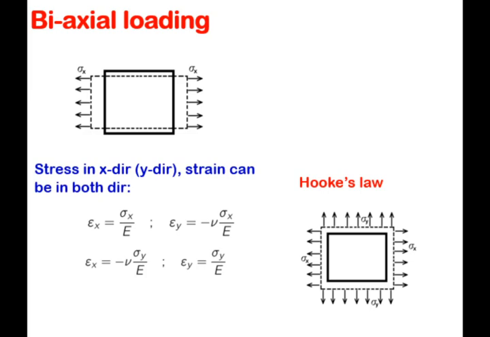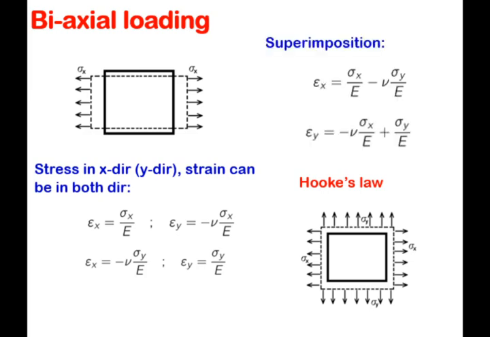We can actually calculate the stress and the strain. We can relate the stress and the strain in each direction using the modulus of elasticity as well as the Poisson's ratio. So if you're applying the load in one direction, you will have a transverse strain that is going to be related to your lateral strain using the Poisson's ratio, and the lateral strain is related to your stress using the modulus of elasticity, and then we can essentially superimpose this, right?